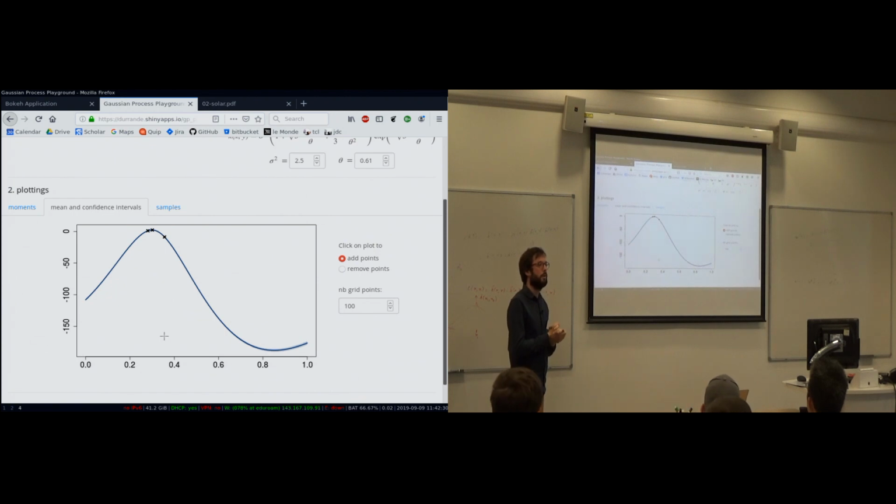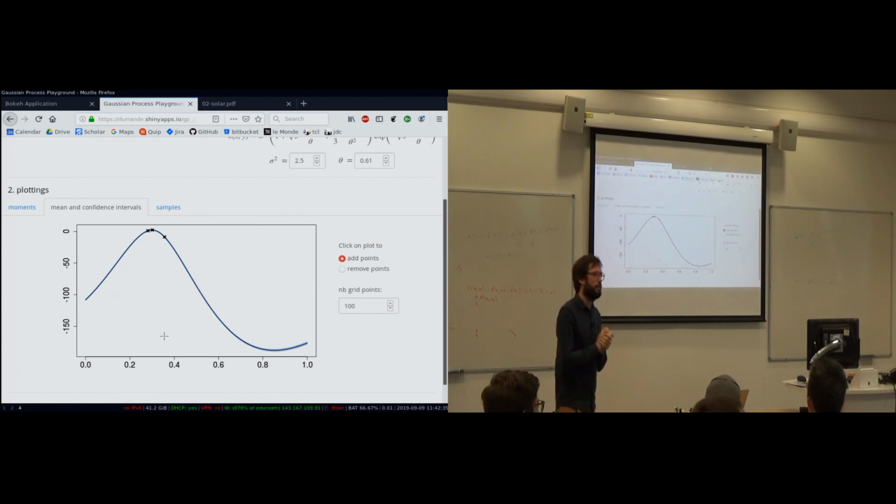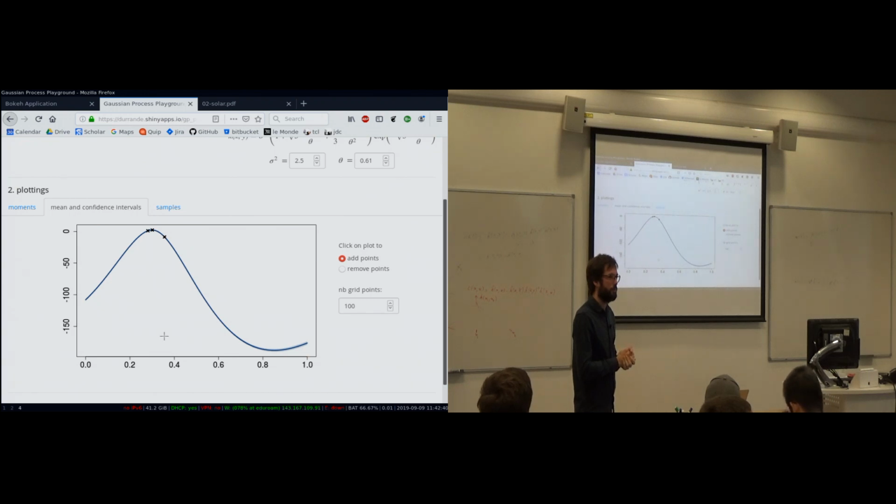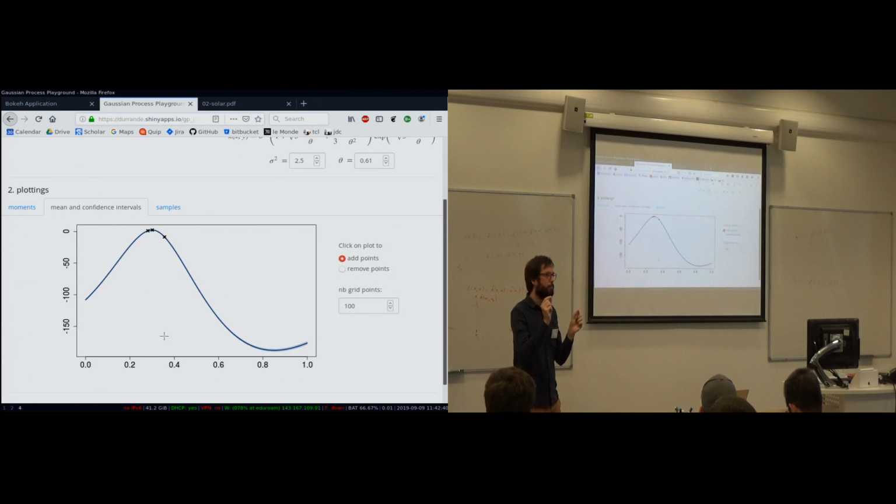Wouldn't it be a numerical disaster if you put close points with different values? Yes, indeed. If points are very close by, it means that in your covariance matrix, you will have two columns that are very similar. And if two columns are equal, your matrix has deficient rank, so you can't compute the Cholesky anymore, you can't invert the matrix.